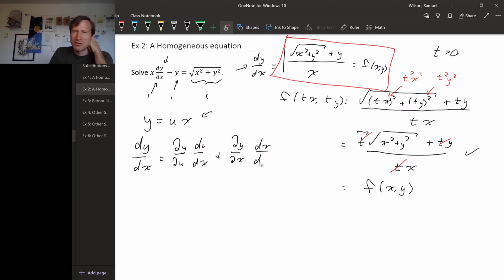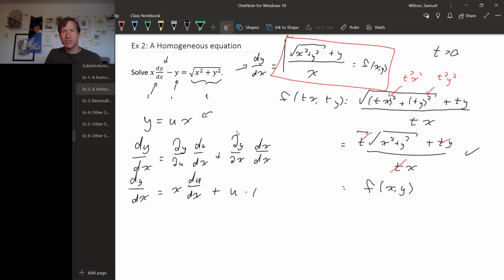I wrote them in the other order this time, not for any particular reason, it's just how it came out. Partial y partial u is just x, times du/dx, plus partial y partial x, using this formula, is u, times dx/dx, which is 1. Okay, so that's dy/dx.